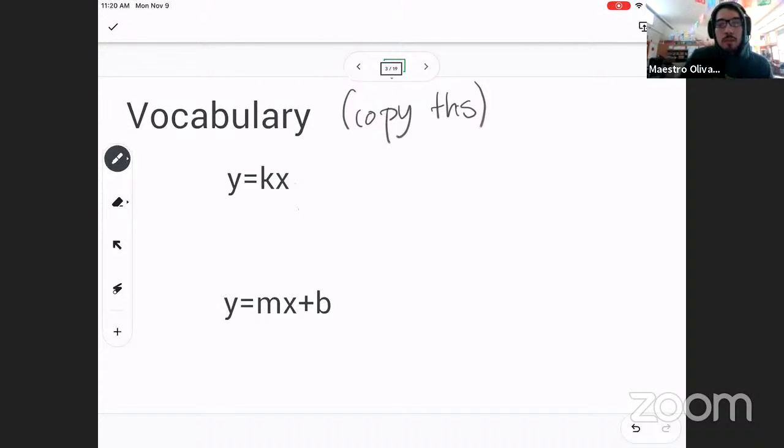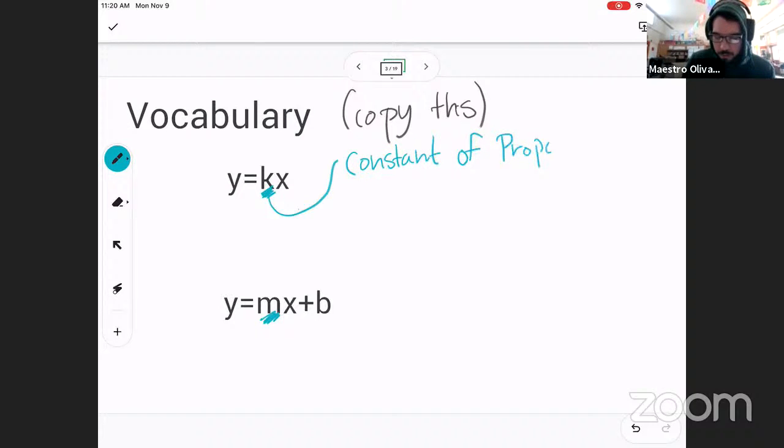Okay, so just to give you some background info, these two equations are the same. They just look different. This number right here, K and M, we first learn it as our constant of proportionality.